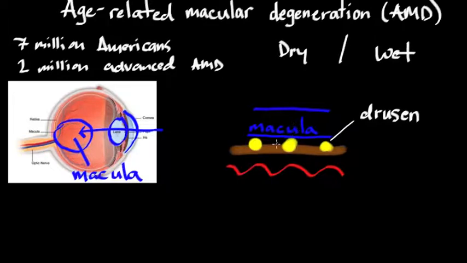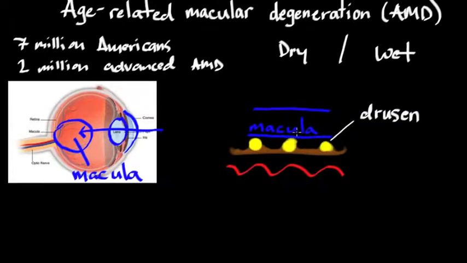Now, unfortunately, over time, this pigment layer starts to also take some damage and gets atrophy or degeneration. So let's see if I were to try to illustrate that. So you also have then atrophy or thinning of this pigment layer. So instead of being a nice thick layer of soil, let's say, the soil starts to get really thin and atrophic.